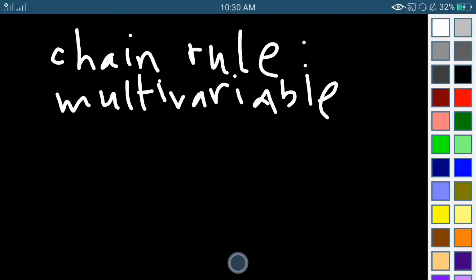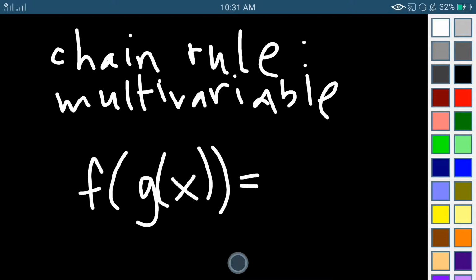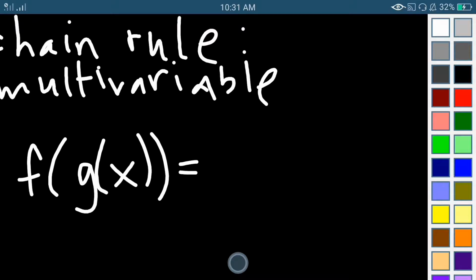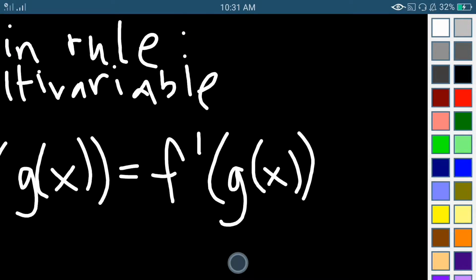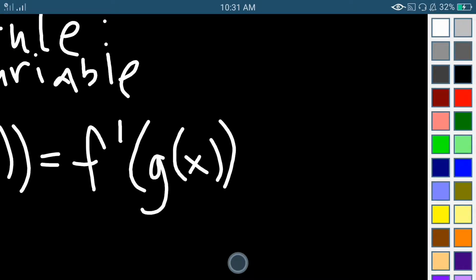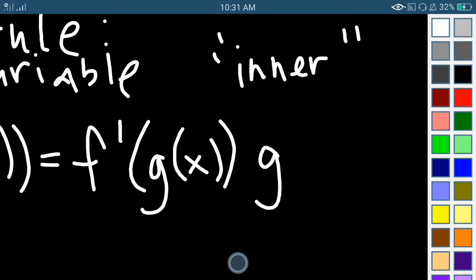Now, recall that in single variable calculus, the chain rule is essentially taking, if f of x is a function of some other function g of x, for example, when you differentiate f of x, you differentiate it as f prime of x, but you have to differentiate the inner function, which is g of x, which is used as its input or parameter.